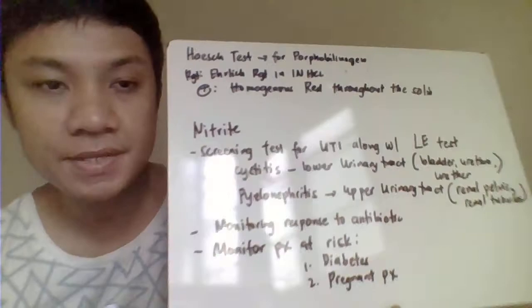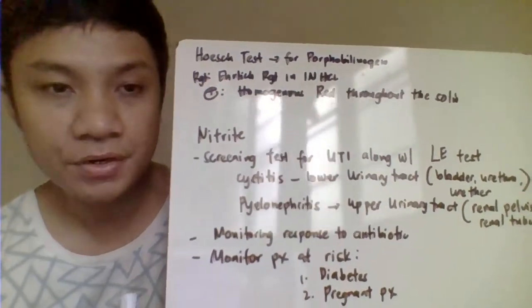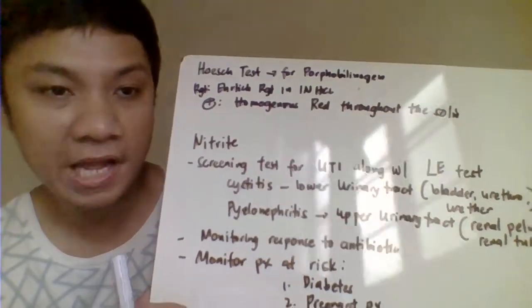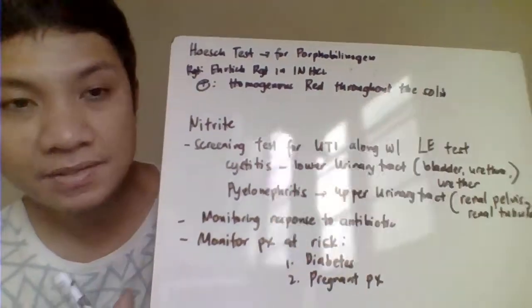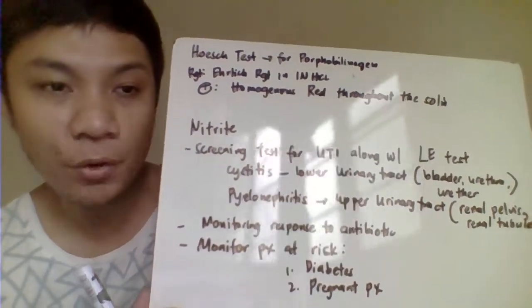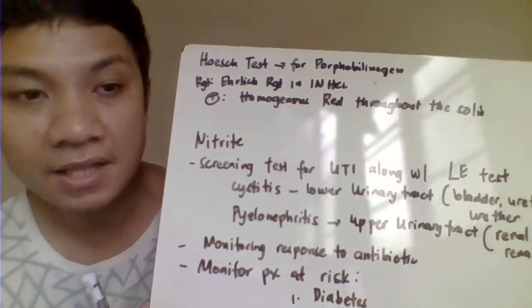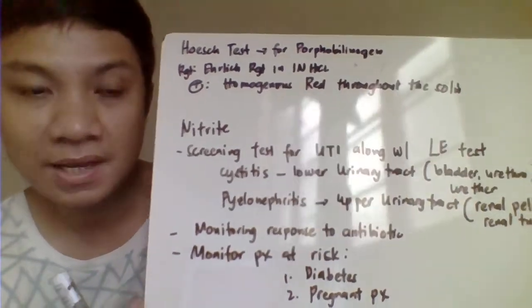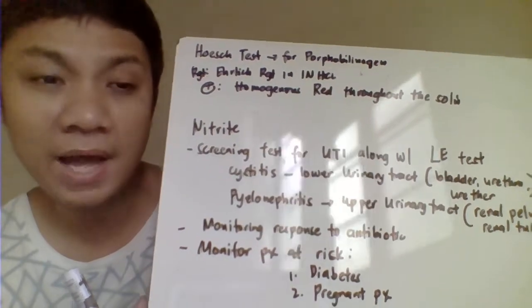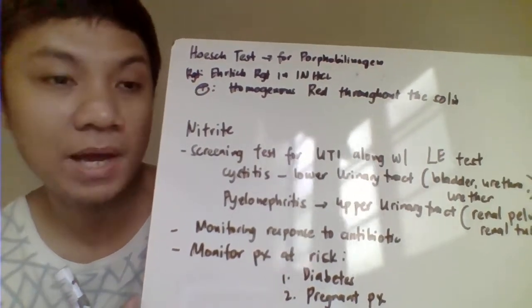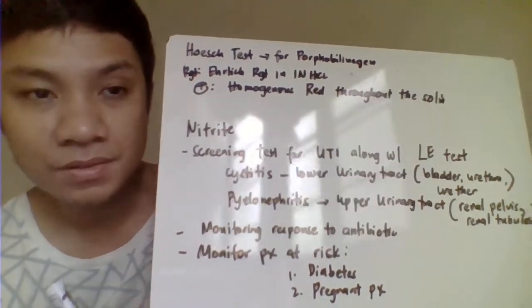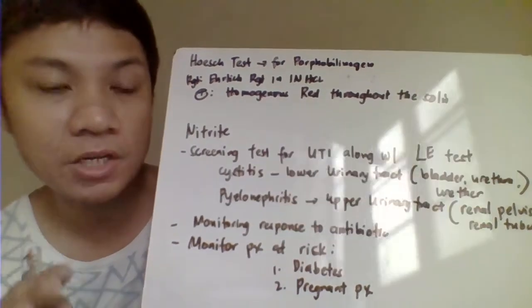Okay, another test for detection of porphobilinogen is the Hoesch test. The Hoesch test would only detect the presence of porphobilinogen. Our reagent for that is Ehrlich's reagent, 0.1 in 1N hydrochloric acid. Just mix your reagent and then your urine.